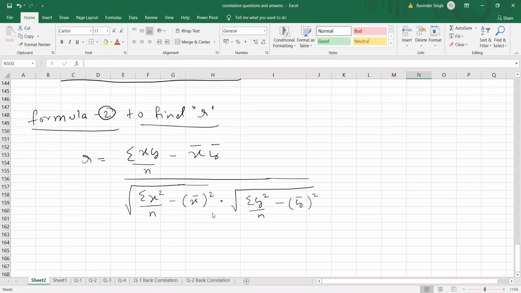This is another formula which also represents your covariance of xy divided by sigma x sigma y.